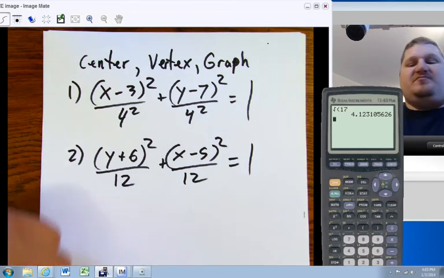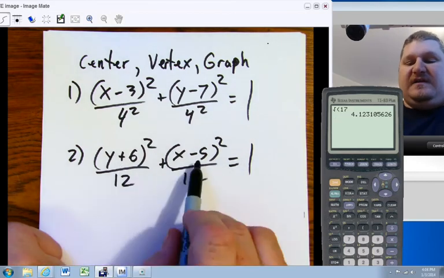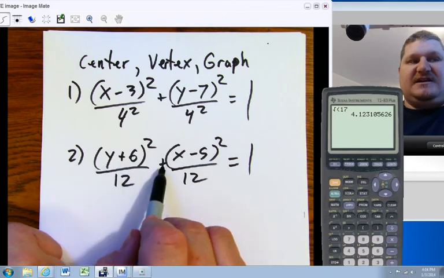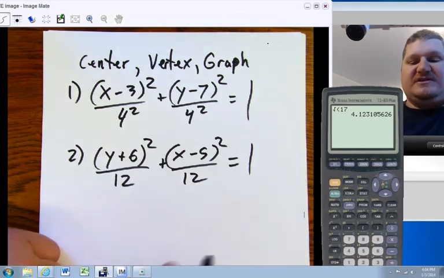Now, do be careful. This is not standardized form because the y is first, but because of the plus sign it is commutative. But be careful when you write your center.